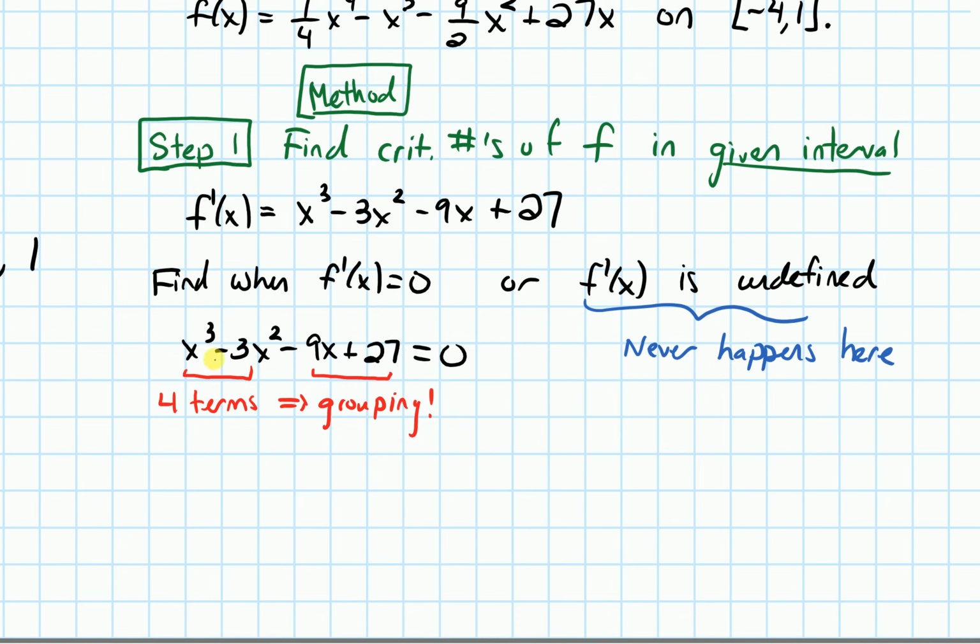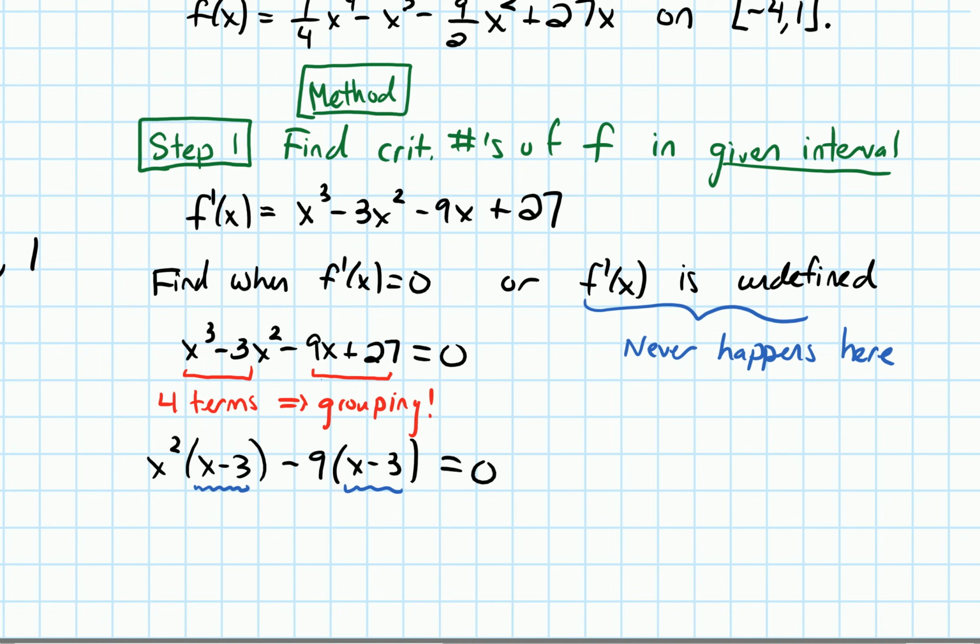Okay, so now for my first group, we can factor out x squared and be left with x minus 3. And from the second group, if we're a little bit keen, we notice that we can factor out a 9, but negative 9 is a little bit better because we'll be left with x minus 3. And that's the same thing. This x minus 3 is common in the second group and in the first group.